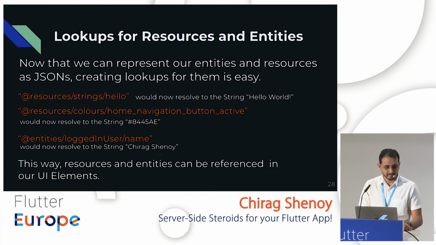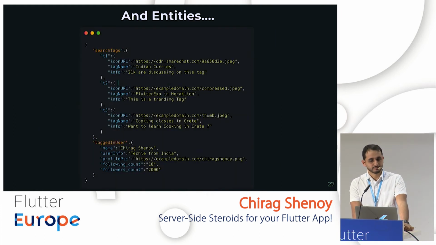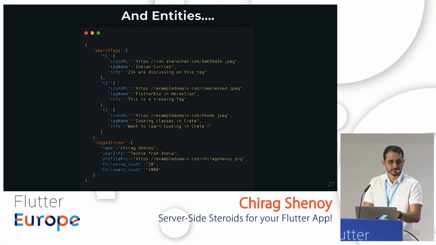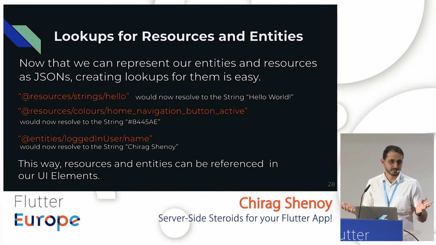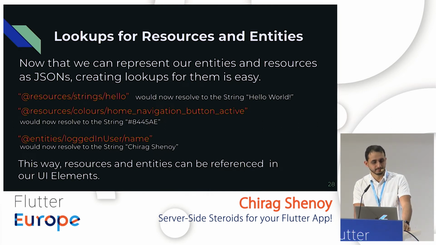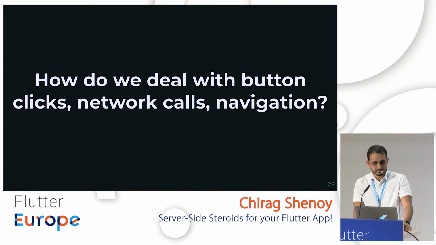And even things like the last one, the third one in the row, which is entities, logged in user, and name. If you can see the entity here, it has a logged in user as an object, and it has name as one of the keys. It would resolve to Chirag Shenoy. So this way, resources and entities can be referenced in UI elements. That's what we're trying to do, right? We have UI elements, we have resources. This is a way to combine both of them so that we can render everything dynamically.